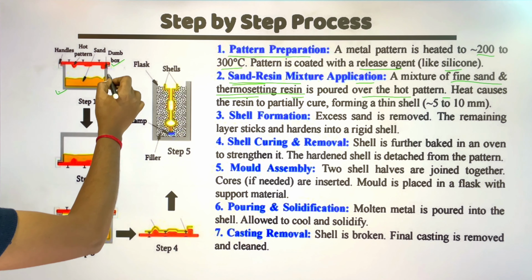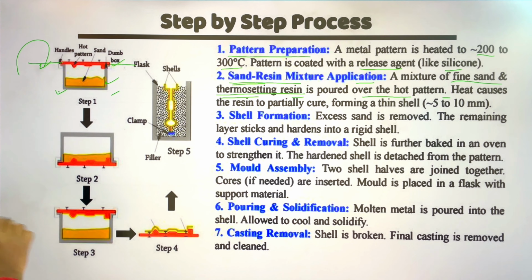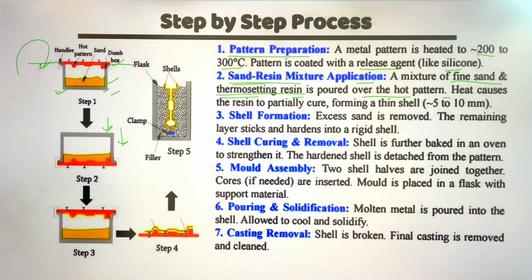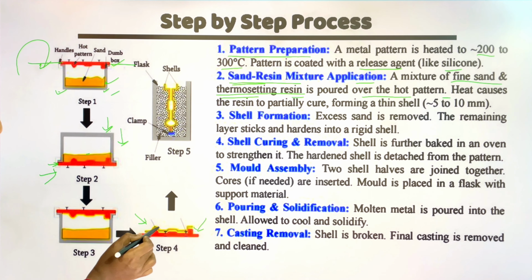So when the box is rotated, this is the axis and it is rotated like this, the downside is in upside in step 2. So the sand and resin get in contact with the heated pattern, and by this repeated process we are getting this type of layer on the pattern. This is the layer, the yellow portion is the layer in step 4.